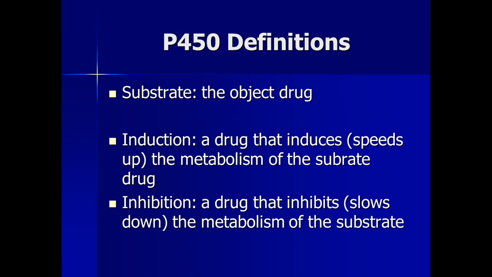So a substrate is the object drug. It is a drug ingested into the gut that serves as a substrate for the liver enzyme known as P450. So it is simply a drug that is metabolized by a particular enzyme.